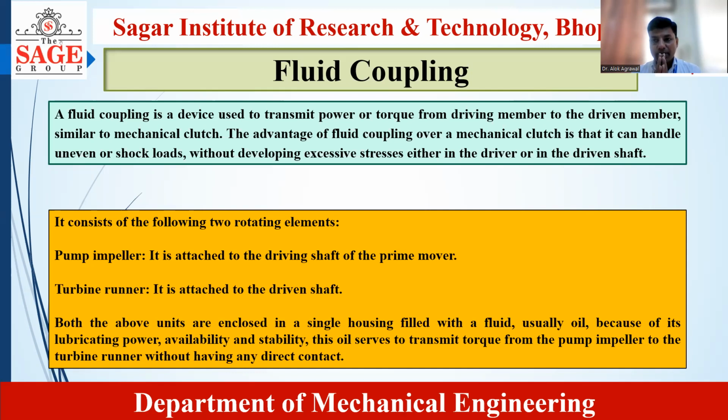What is the advantage of doing this? With fluid coupling, there is no mechanical contact, so there is no shock while engaging and disengaging of the clutch. Further, the driver and driven shafts will not encounter excessive stress, because in a mechanical clutch it suddenly needs to be engaged, so there will be excessive torque and stress in the shaft, which is avoided in fluid coupling.